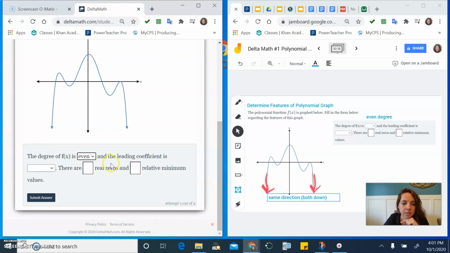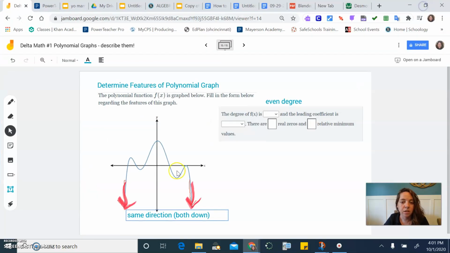Now the next part says, and the leading coefficient is positive or negative. Now remember, the leading coefficient on the graph, the right side tells you. So what I mean by that is, is the right side of this graph going up or is it going down?